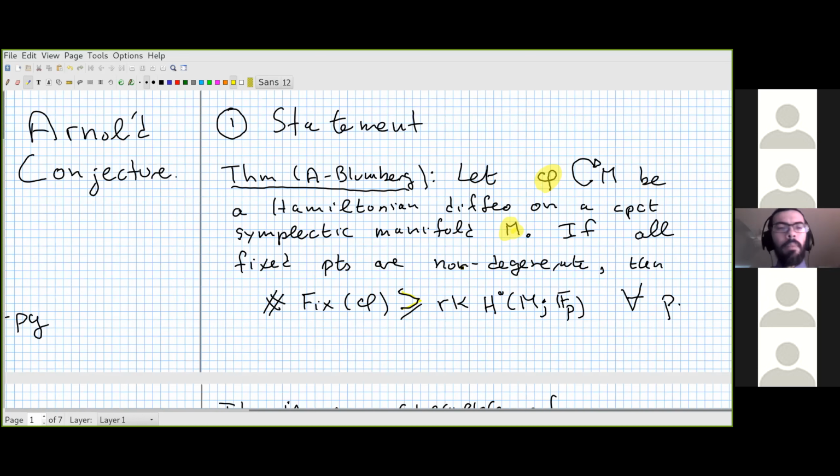So instead, people often consider the case where you assume that all the fixed points are non-degenerate. Non-degeneracy for a diffeomorphism is a little bit like being a Morse function. Then the statement is that the number of fixed points should be larger than the minimal number of critical points of a Morse function.